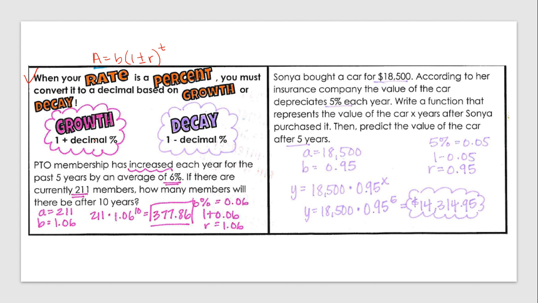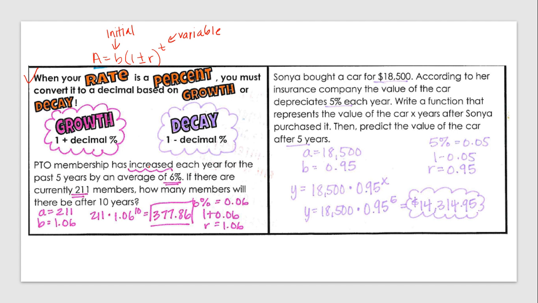If it's growth, remember, we have 1 plus the decimal, and if it's decay, we have 1 minus the decimal. We're just filling in the growth rate. This is our initial value. This is our variable, and you can let it be x, you don't have to let it be t. And then this is that growth or decay decimal that we're going to put in.